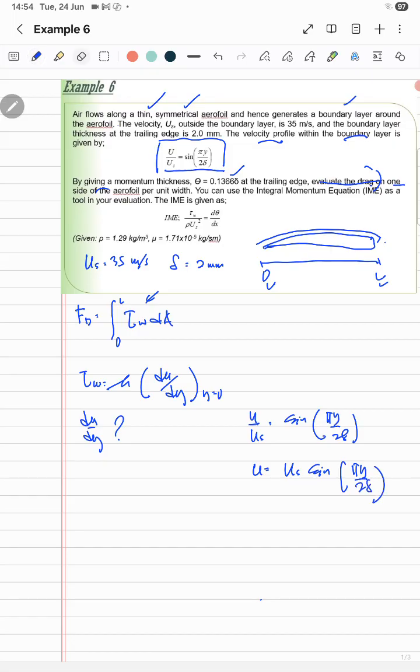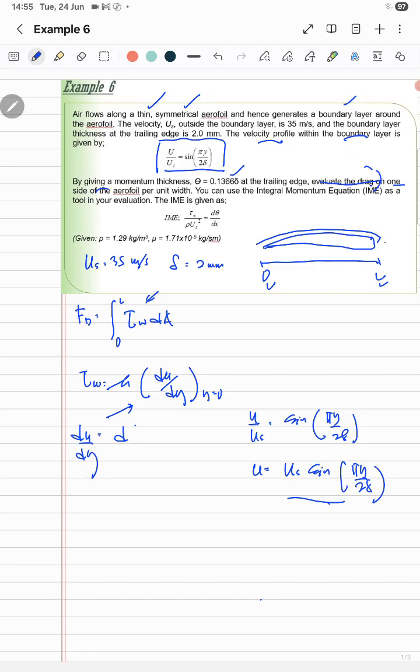So I just write down here the wall shear stress, or we could just put du/dy directly. du/dy is equal to, we differentiate u.